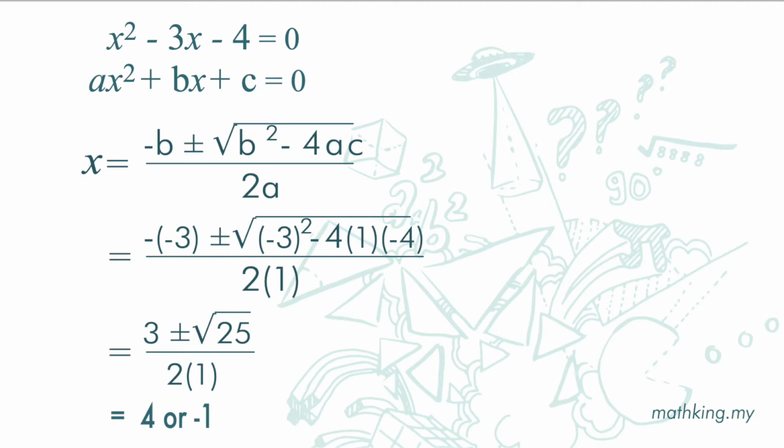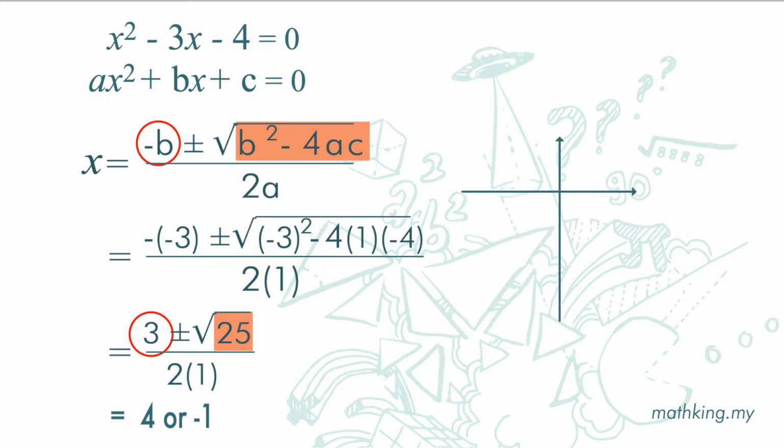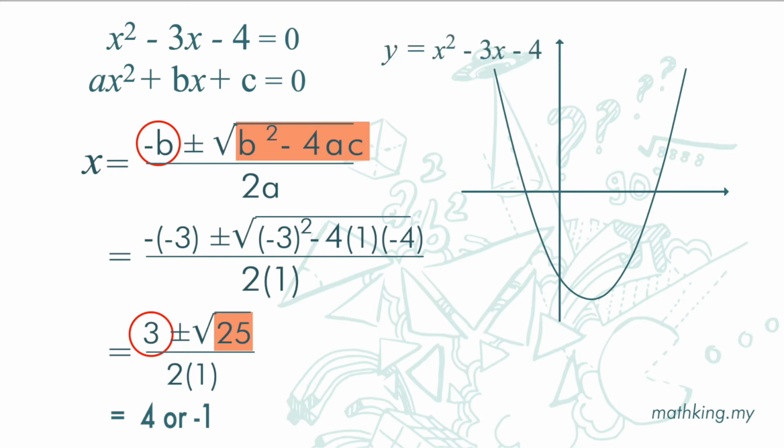We get 2 roots because of the plus and minus in this part. We get 2 values. If we draw a graph for this quadratic function, we will get 4 and -1 at the x-axis.